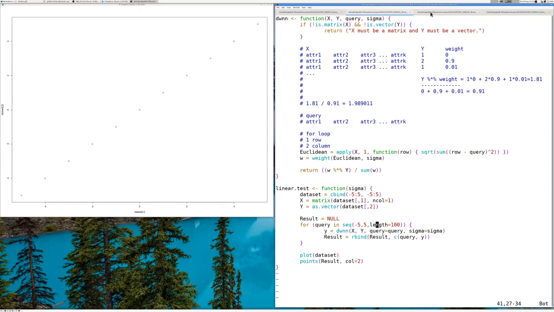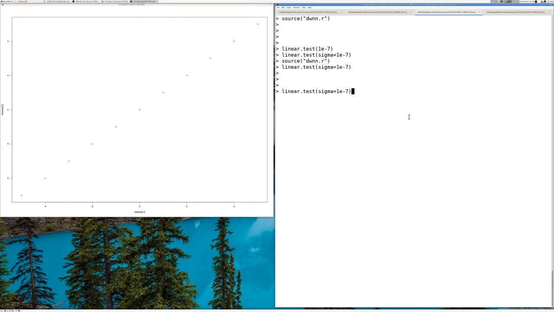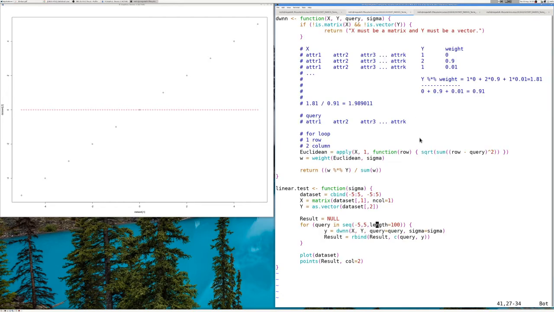Okay? You know what's interesting? What happens if my sigma is infinite? If it's infinite, I'm going to provide the average. The average over all my training instances. Why the average? Why the hell the average? Because if I give, let's go back here.